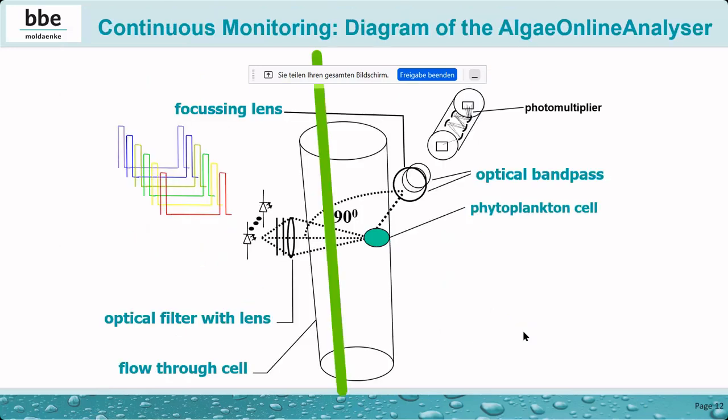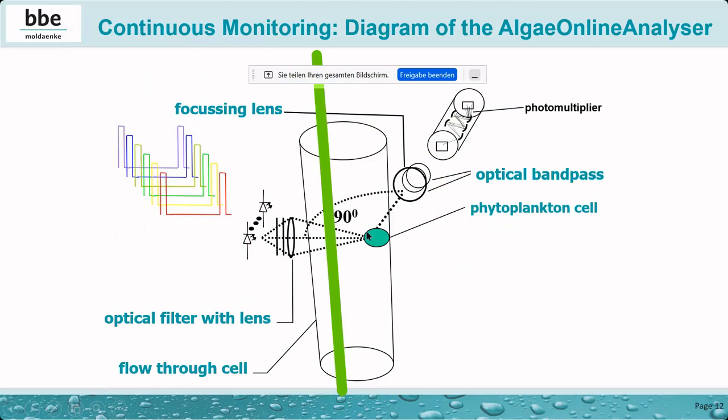And in raw water or raw water extraction, we use, let's say, continuous monitoring, and you have here a diagram of the Algae online analyzer. You see here a flow-through tube, and this is the flow through this tube. And from the light side, from the left side, you see different wavelength LEDs, which act at high frequency and illuminate the algae cells which flow through this tube.